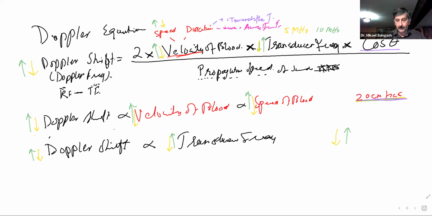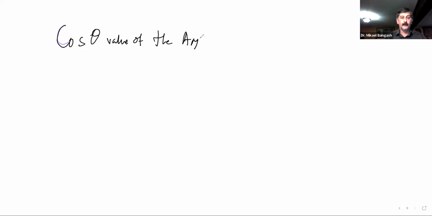Now, guys, this cosine theta is actually going to be the cosine value of the angle.